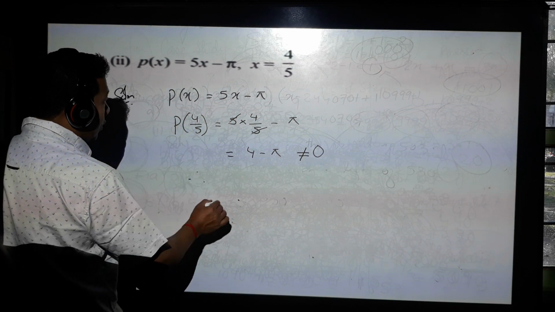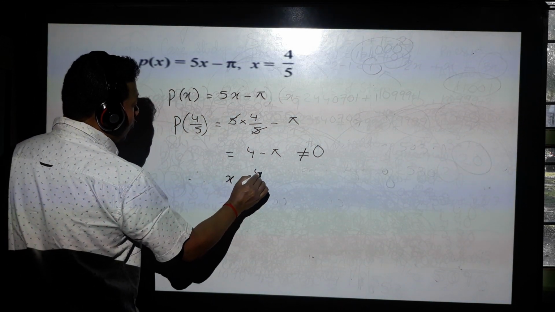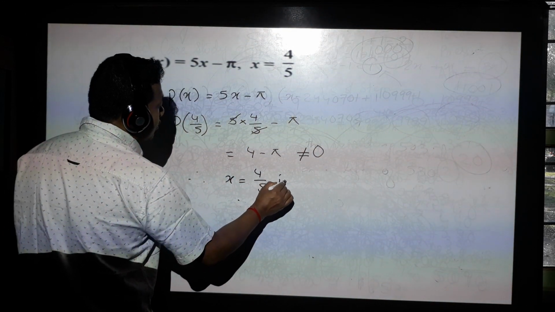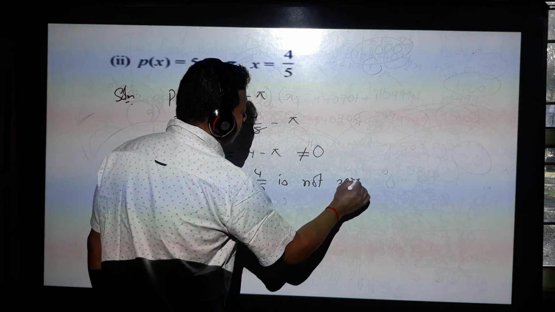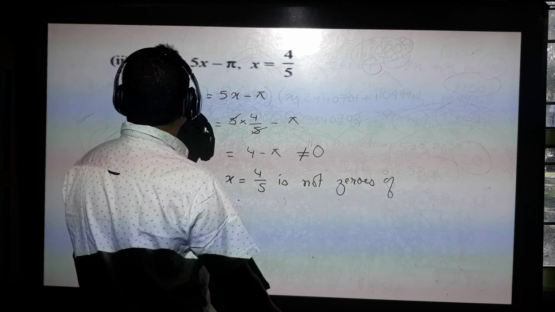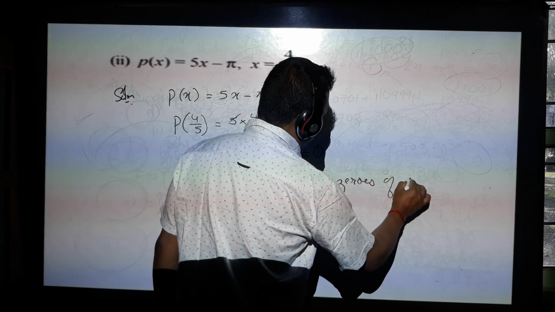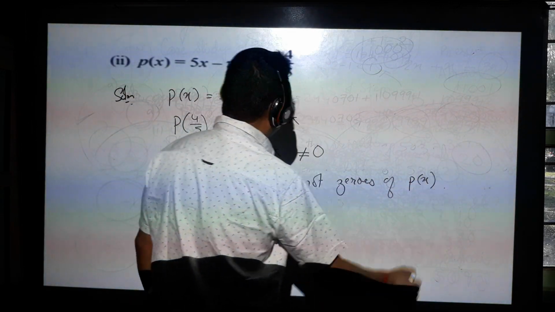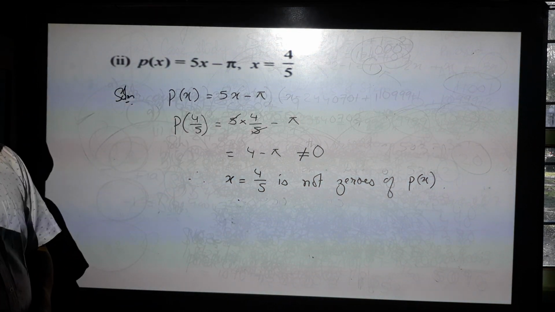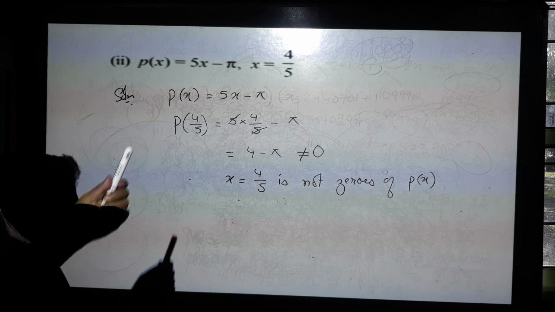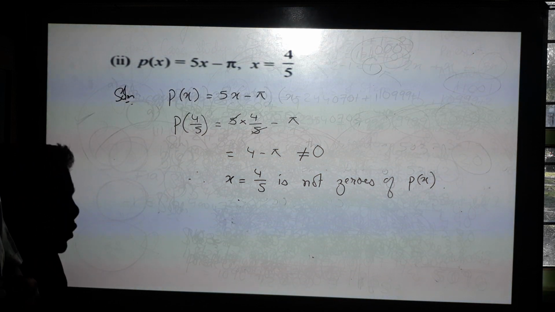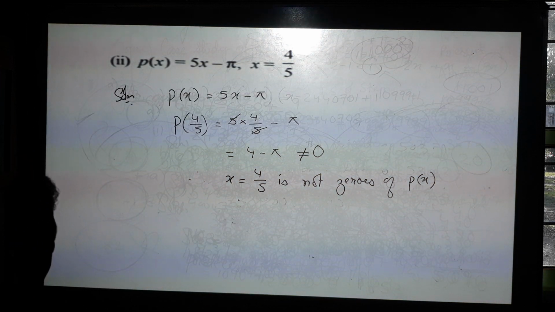Therefore, x equal to 4 by 5 is not a zero of P of x. So like this you have to do one by one. I have done Roman number 2 for you, and I will be choosing one or two questions from the given questions. Look nicely.